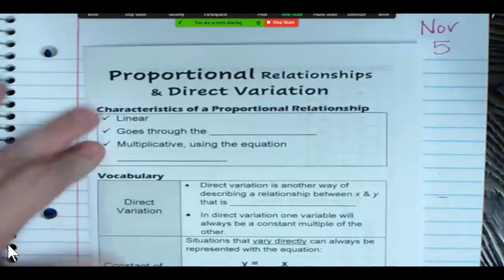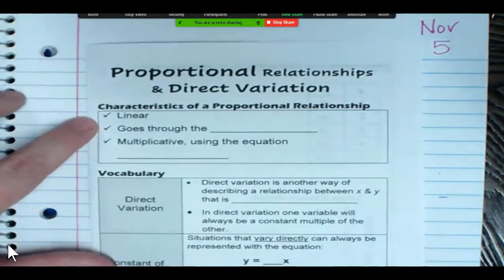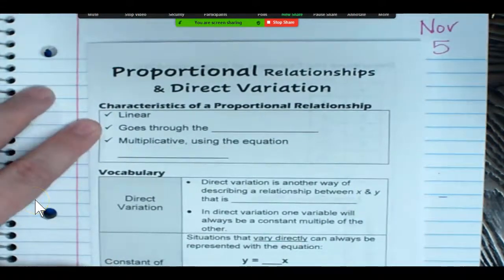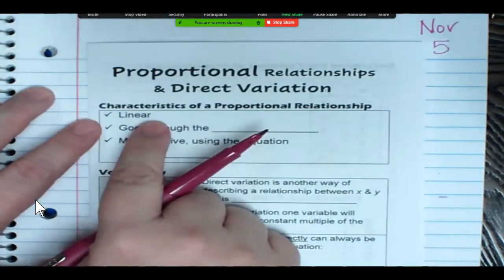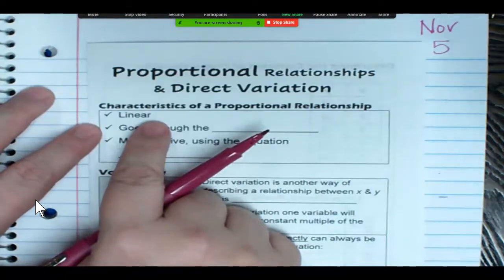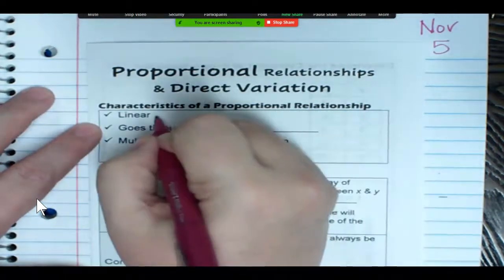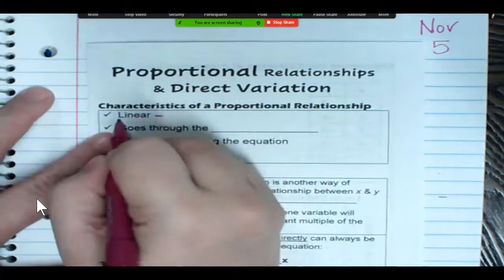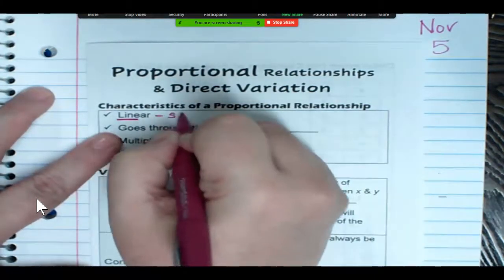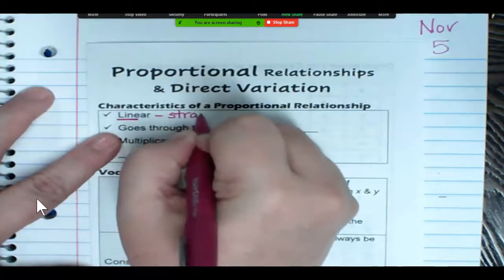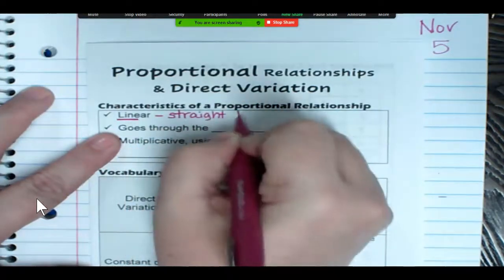So the first thing we need to remember is, what are the characteristics of a proportional relationship? Well, first thing we know, it's linear. Does anybody know what linear means? A straight line. So linear, if you notice, it has that root word line in it. So it really translates to straight line.